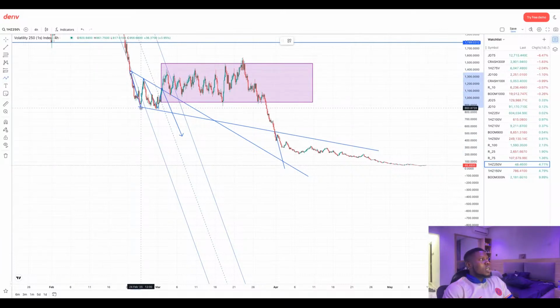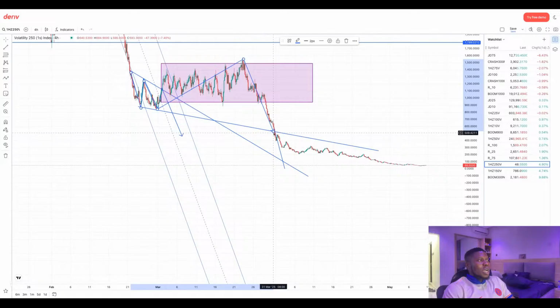See this, this, this wedge, it's supposed to have three legs down and three legs up, but the third leg happened here too. It looked like a fake out, and all the way down here is your third leg. So this is where your breakout happened. When this breakout happened, you measure your wedge, which is this to this. You measure this and you place it here.